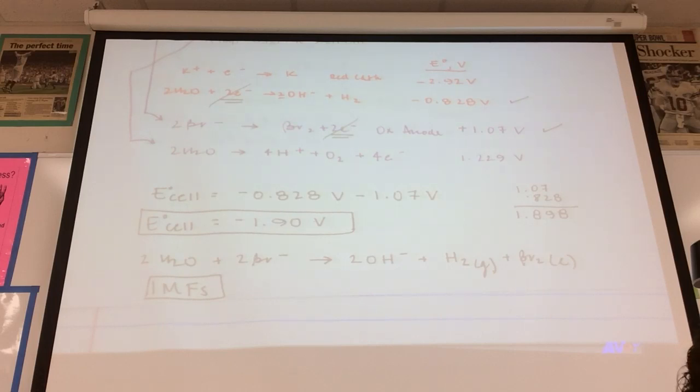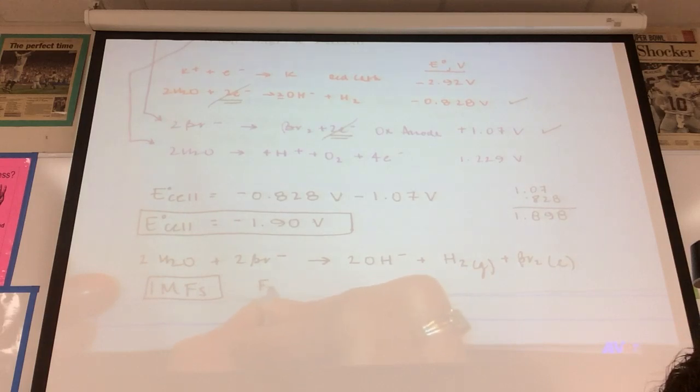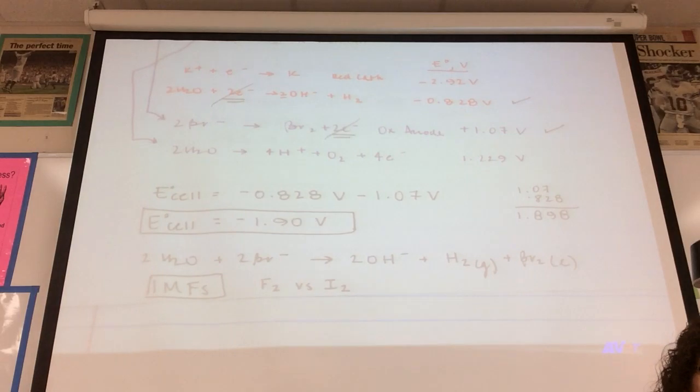Because it's a solid, so it's hard to break apart. Why would the LDFs in iodine be greater than the LDFs in fluorine? It has more electrons and therefore it's more polarizable.